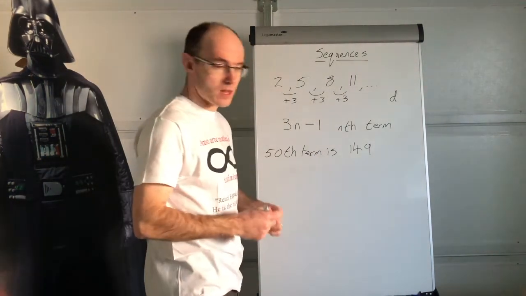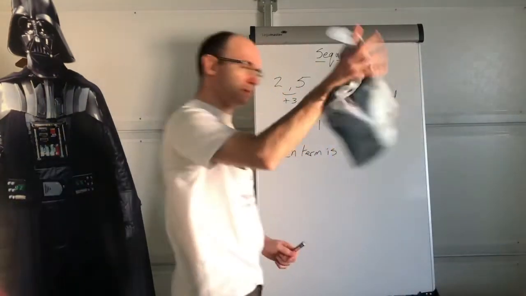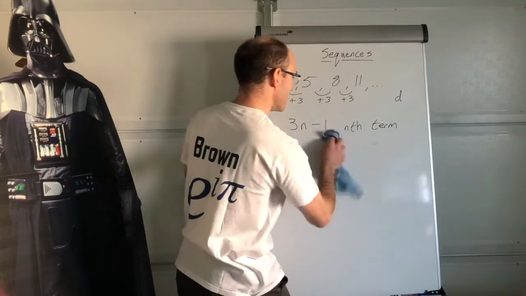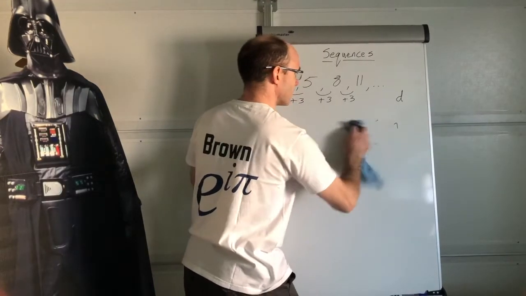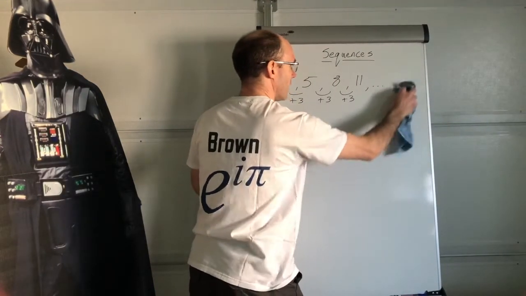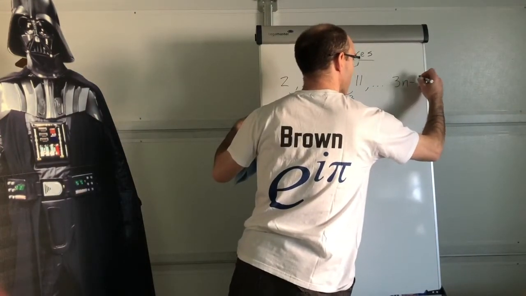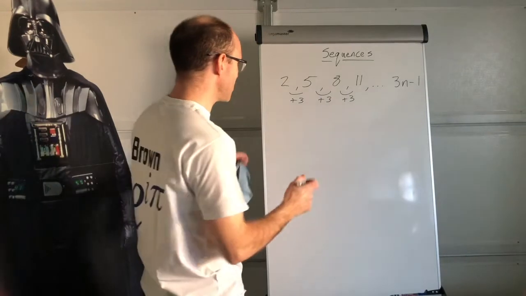Let me give you another one. Maybe I'll just keep that one there for the time being, and I'll just write down the nth term as 3n minus 1. So here's another one.